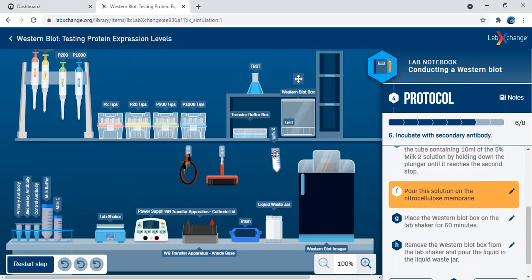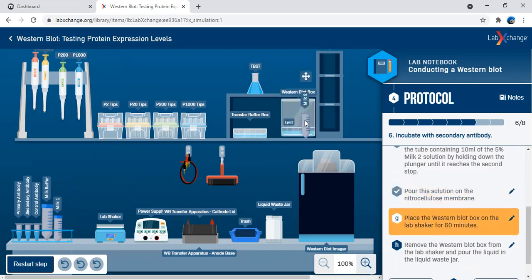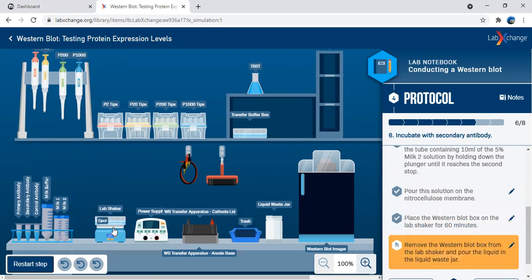Open it. Here's my membrane. Yes. Please now shake it for 60 minutes.